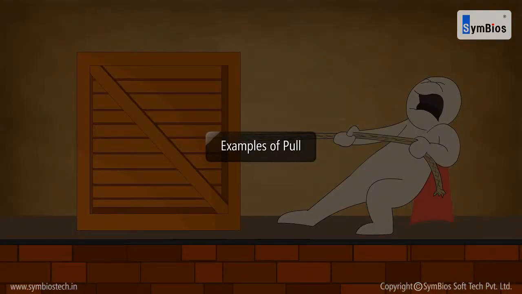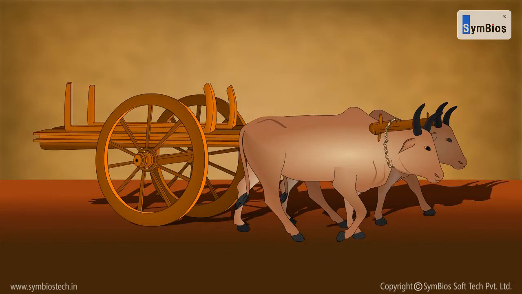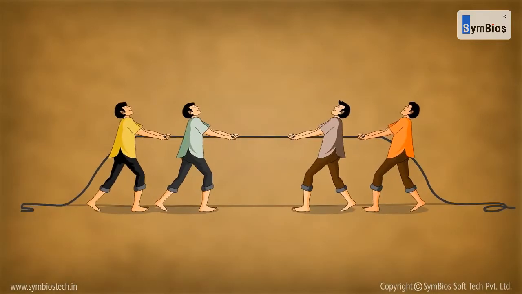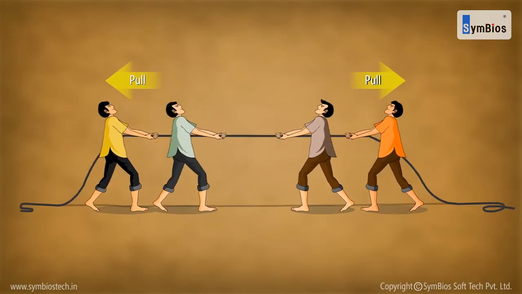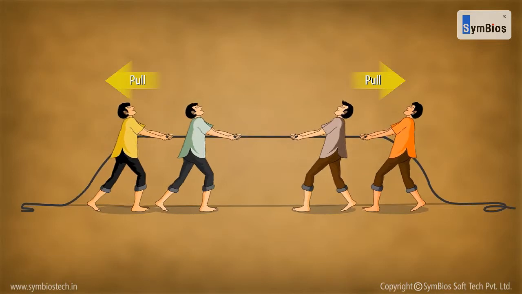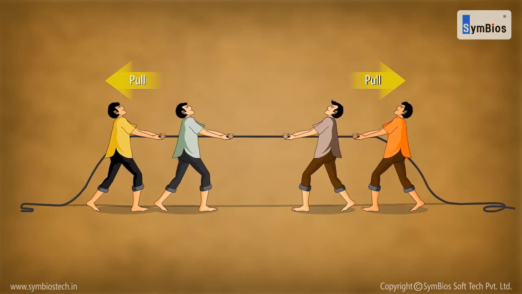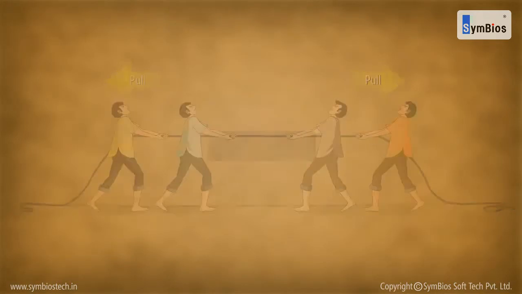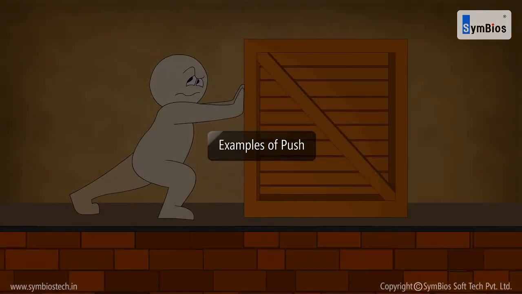Examples of pull. A bullock applies a force of pull in moving a cart. Two teams pulling the rope in the tug of war are applying the force of pull. Examples of push.